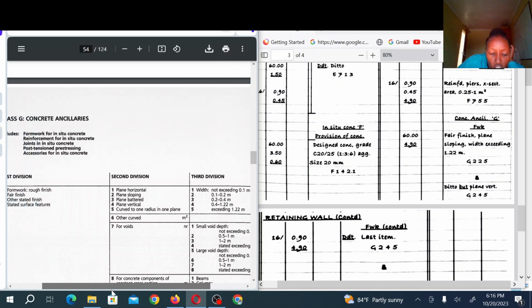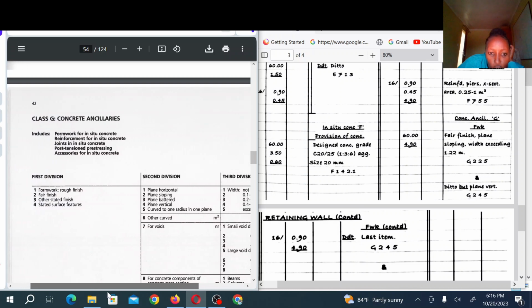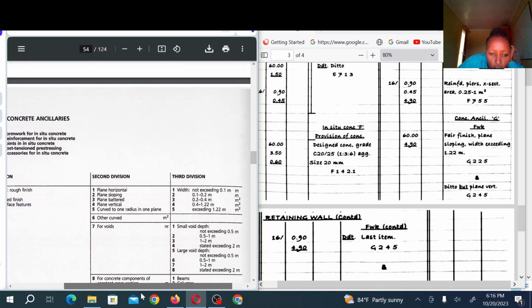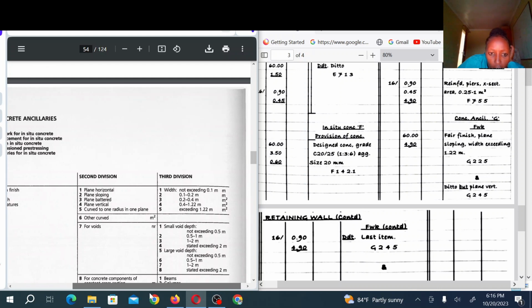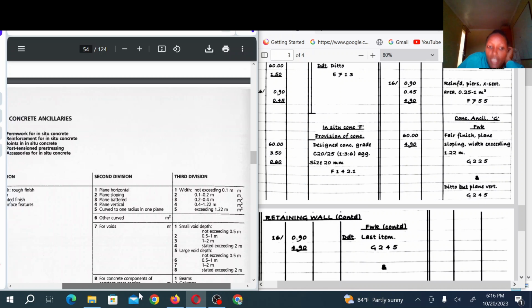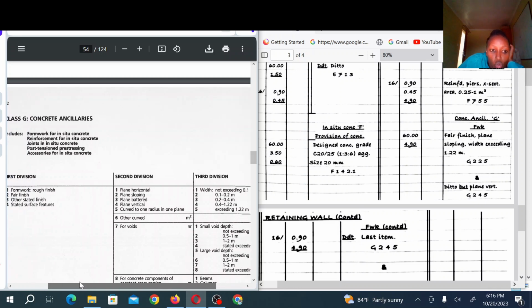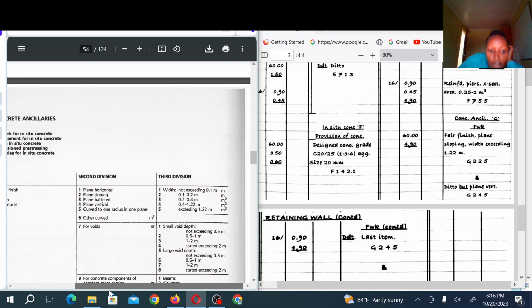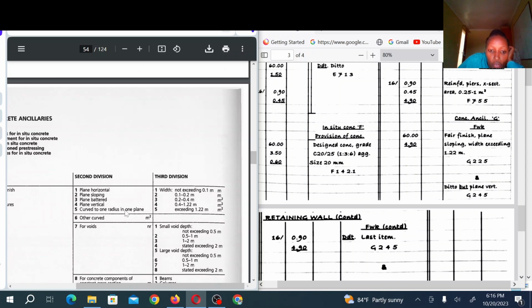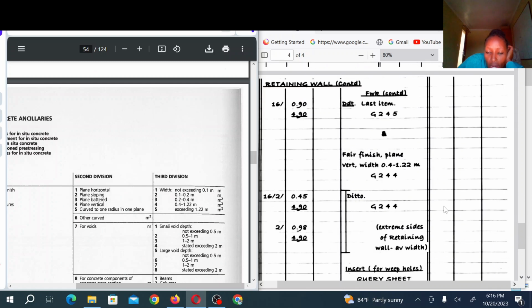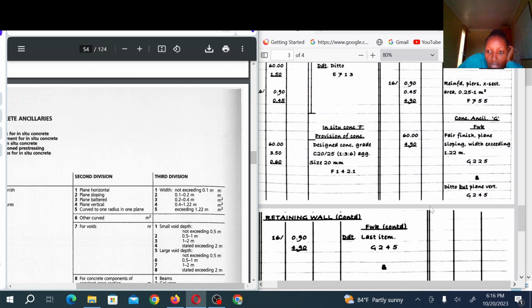So it shall be G2 2 5 for the plain sloping, because 2 is for the plain sloping. But for the vertical, it shall be G2 fair finish, then plain vertical 4, then 5. So that is for the formwork.